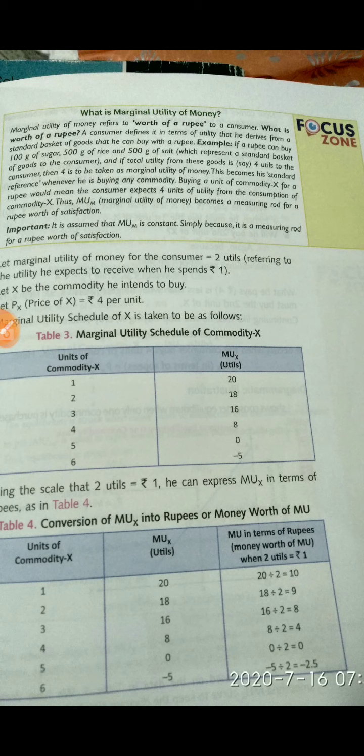In the consumption of unit 4, he will stop buying. It occurs only when the consumer buys 4 units of commodity X. Hence, marginal utility of X is equal to price of X, which is equal to 4. So till 4 he will buy the goods. After that he will stop, as it becomes 0 and then negative.